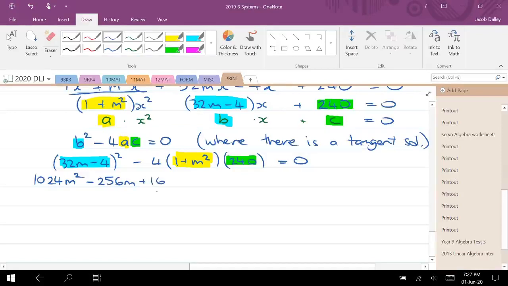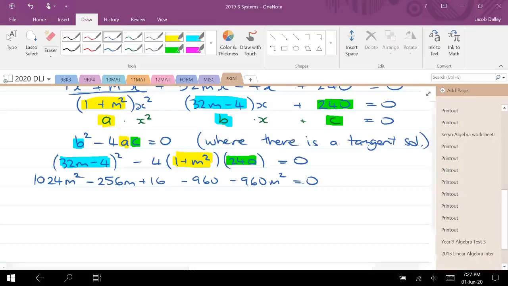Alright, now negative 4 times 240 is negative 960. So negative 960 times 1 is negative 960, and negative 960 times m squared is going to be negative 960 m squared equals 0.